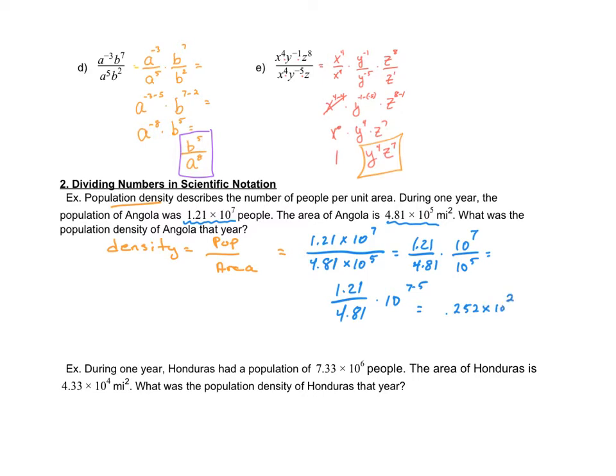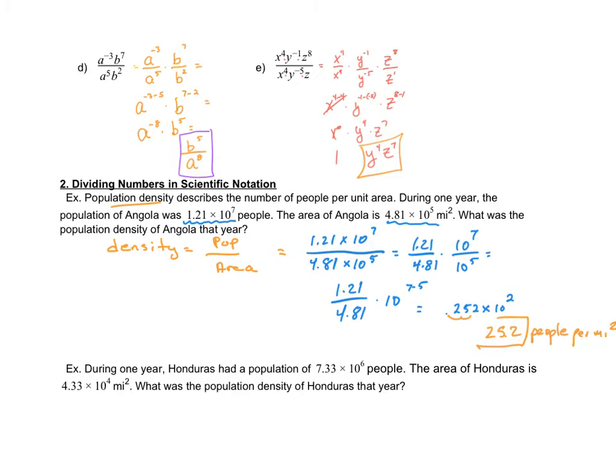To get this in scientific notation, remember we need to move our decimal place. Or if we go ahead and just get rid of scientific notation all the way, because we can here, that would become 2 decimal places, so it would be 25.2, and that is in context people per mile squared.